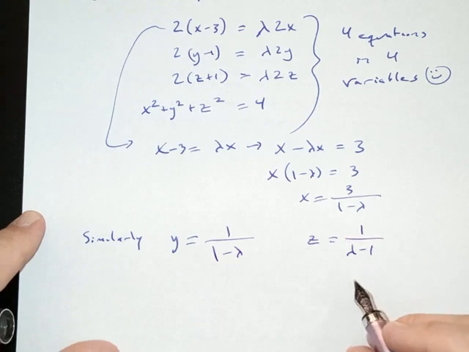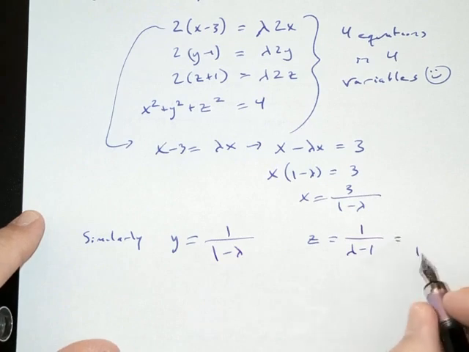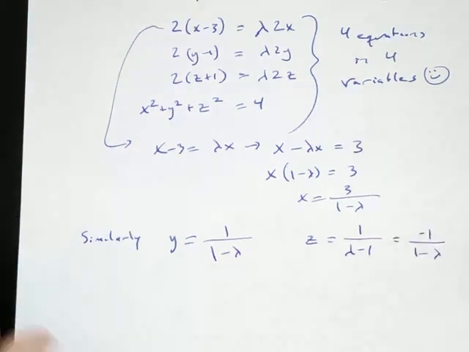That's the only one that's backwards, right? Yeah. So let me switch that. I'll put 1 minus lambda on the bottom. I'll put a minus 1 on top. Then they're all kind of the same, right? Okay. I've only used equations 1, 2, and 3. Equation 4 has x squared, y squared, z squared. I can turn that into an equation in just lambda, can't I?